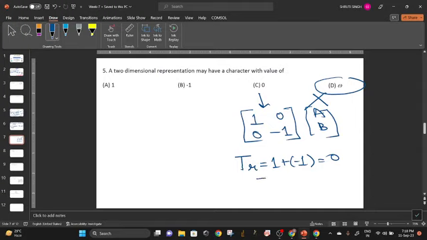So we cannot have, or maybe we can have. Suppose it is like this.